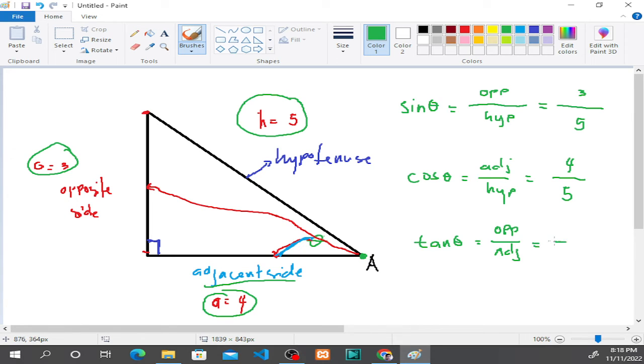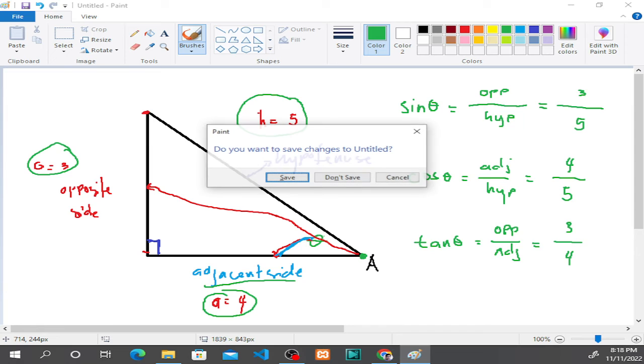Opposite is 3 and 4 is the adjacent. So that is how we use it in order to find theta. To find theta, you have to raise it to -1, or arc sine, or use the second function if you're going to press the calculator, and we're going to show you that.